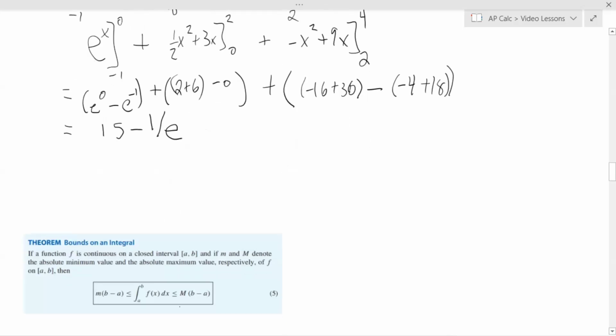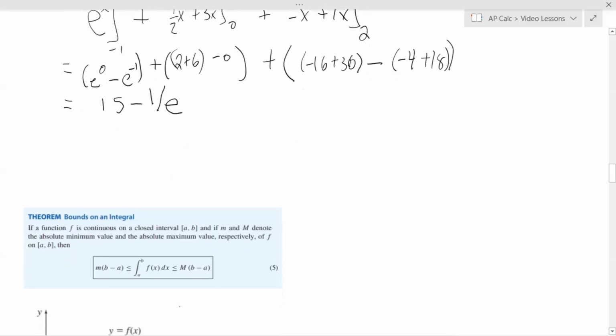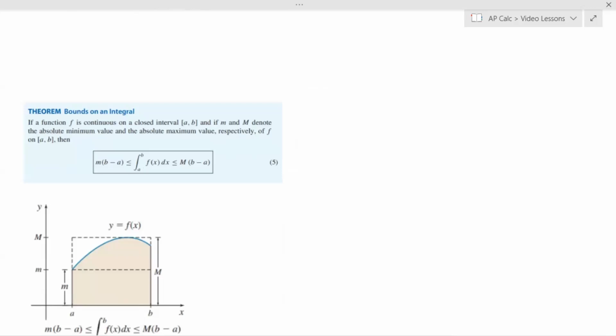All right, another theorem is called the bounds on an integral. If a function f is continuous on an interval [a, b], and little m and capital M denote the absolute minimum and the absolute maximum value of the function on the interval, then the definite integral has to be between the maximum and minimum multiplied by the width of the interval.